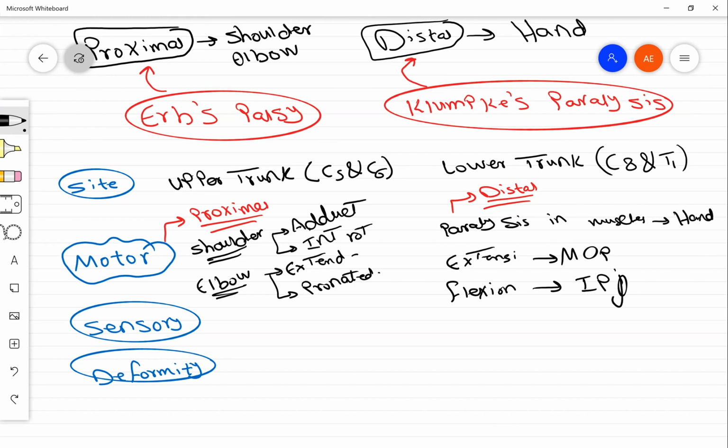Okay? What will be the deformity? In Erb's palsy, describe the policeman. Remember the policeman. The deformity is called policeman tip deformity, or policeman tip paralysis. In Klumpke paralysis, the deformity is called claw hand.